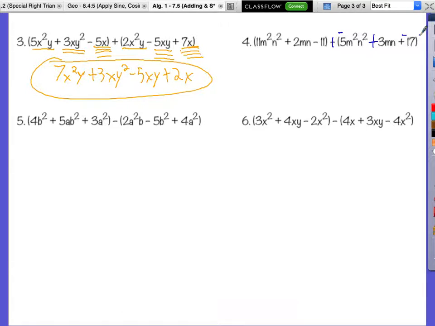Is there anyone on the right yet? Anyone else check? That's what I did.